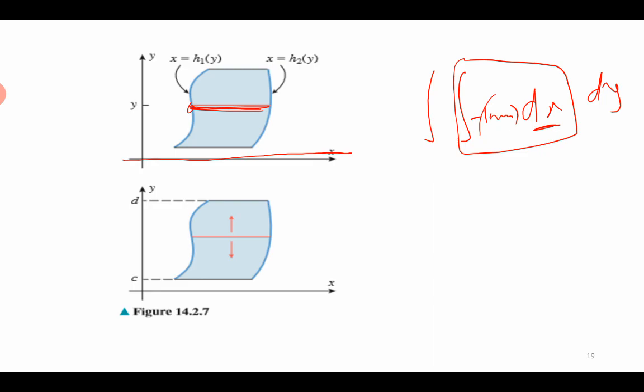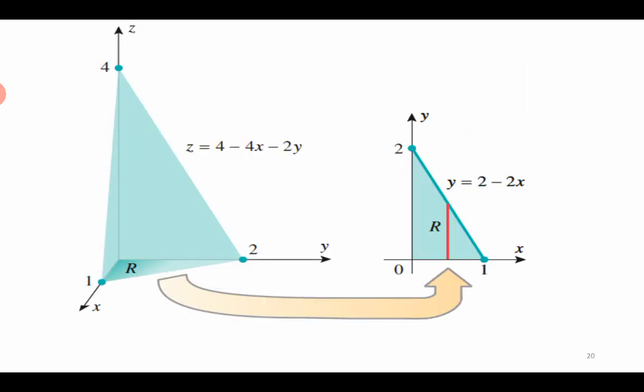Its tail and head ends will give you the lower and upper limits of x. And then how far this strip should move in the direction of y. This is from c to d. That will be the limits for y, the outer integration.